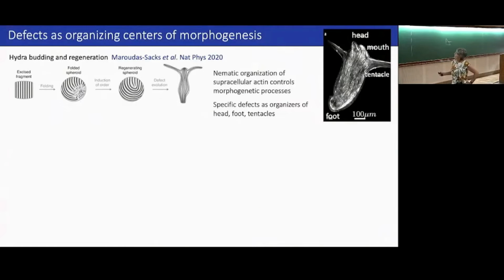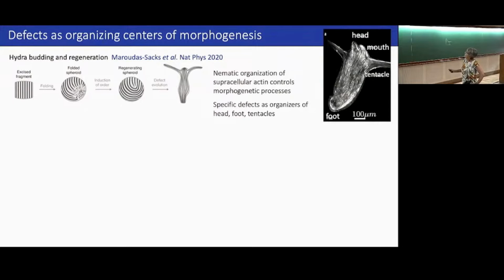That's more a curiosity than anything. What we have done with Fridtjof and Ji Heng is a very simple starting calculation to try to understand the role of topological defects in Hydra. There's been beautiful work by the group of Kinneret Keren at Technion on this. Hydra is a freshwater polyp that can regenerate itself from a fragment.